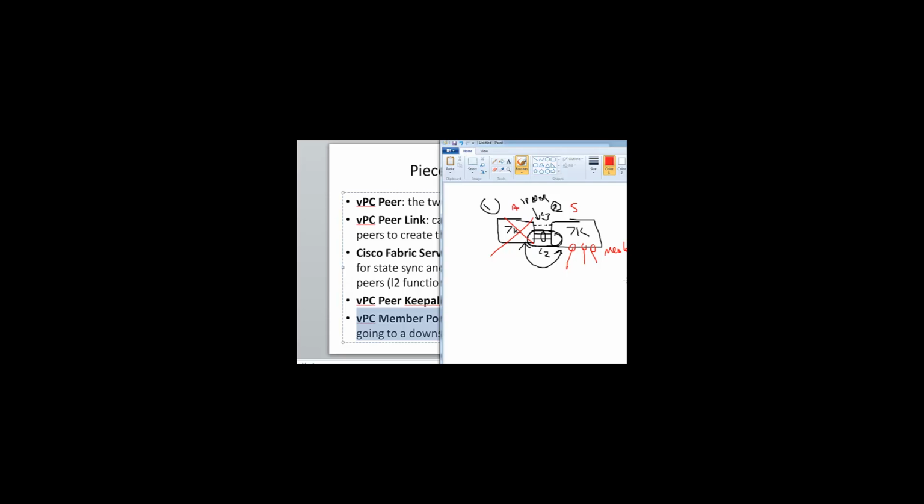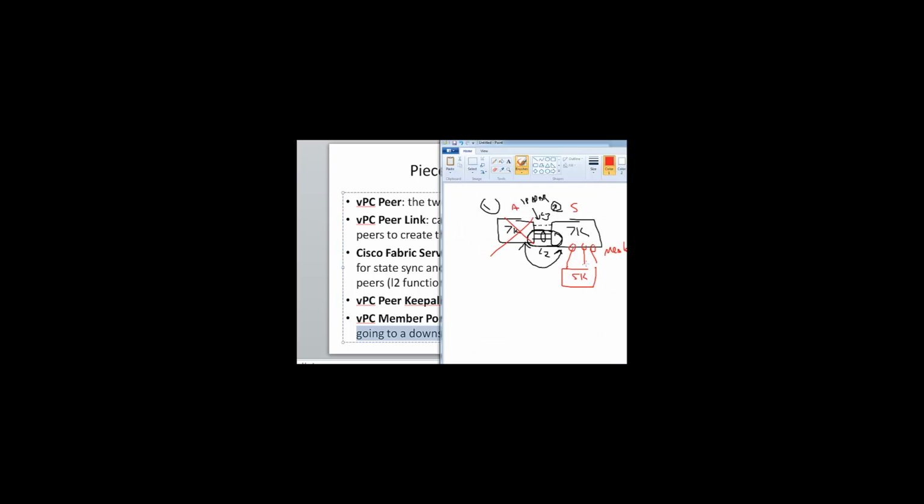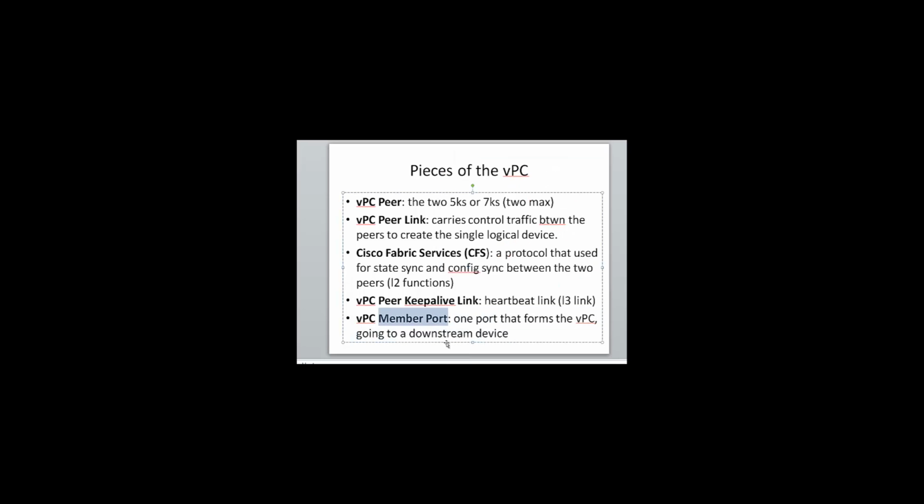I've got a port channel down to, say, a server or a 5K or another device, so one port that forms a VPC going downstream to a different device. If the downstream device sees you as a VPC domain, then it's a member port. That's not something you configure. You don't go into the 7K and type in member port. It's just the terminology for it.